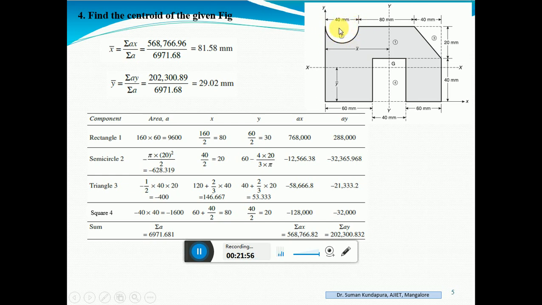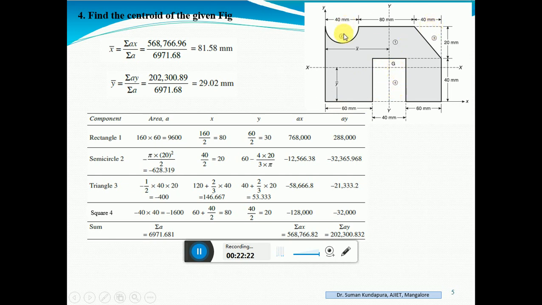If it is known, it is easier because we know the x bar and y bar of the semicircle, the triangle and the rectangle. So let us consider this entire figure as one rectangle and then just remove these three portions from the rectangle.